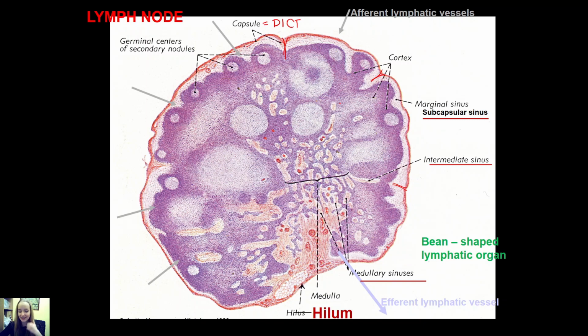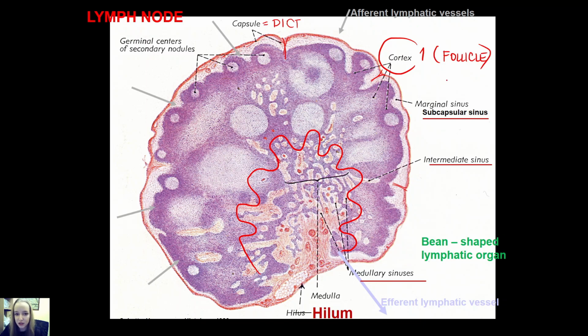We divide lymph nodes into 3 basic parts, and that is a cortex, the first part. Cortex, it's on the periphery, of course, and it contains follicles. So when you find a follicle, you're in the cortex. Next, we have a paracortical region, which should be somewhere over here.